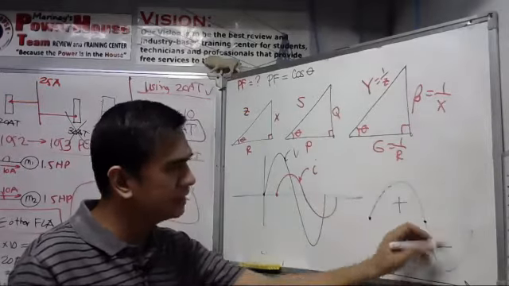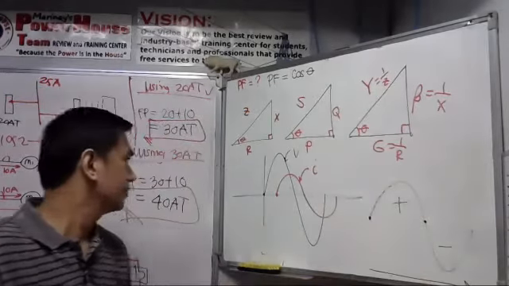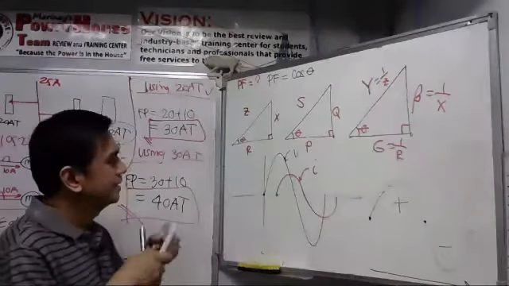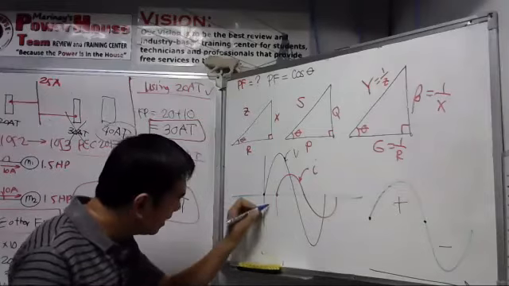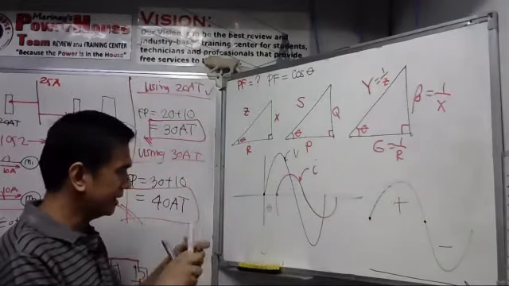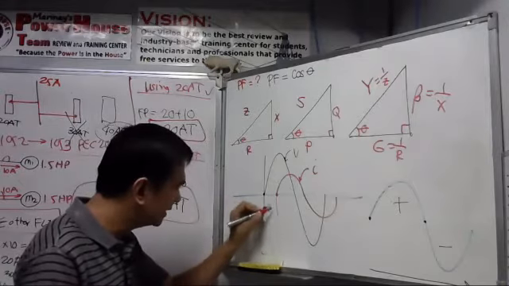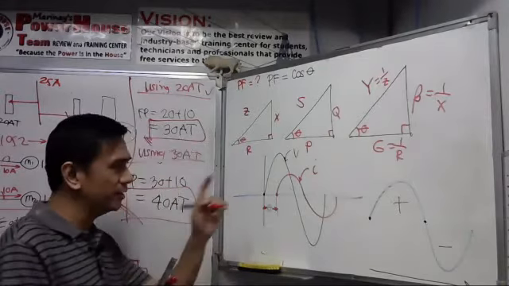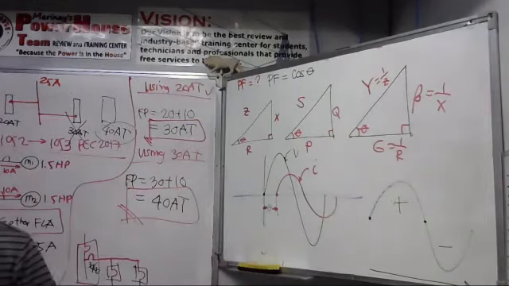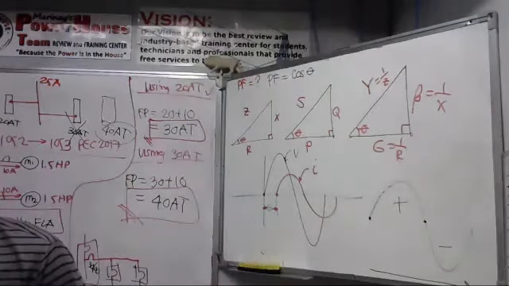That is the positive and the negative value. Now, looking at this is our theta. That is our theta, which is the difference. That is the phase displacement between the voltage and the current. Okay? That is the power factor.